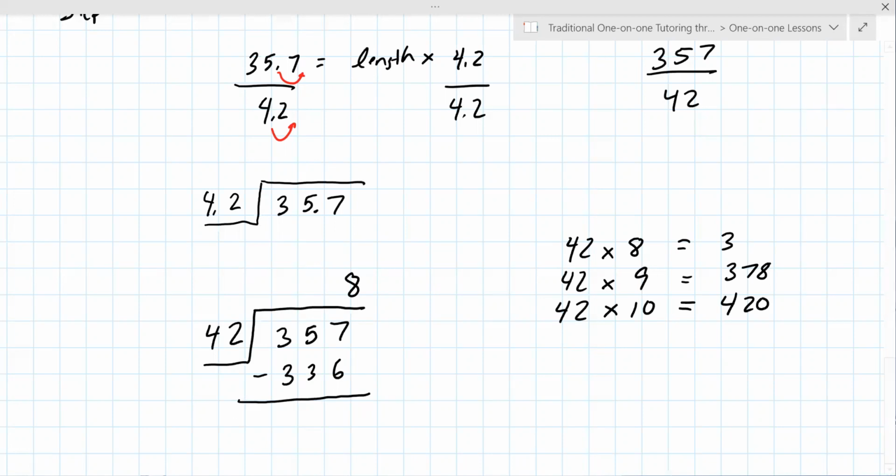Which you then subtract, and that would be 21. Okay, so you have to bring a 0 down. There's a 0, it's 357.0, so bring that down. So this actually does work. 42 times 5 gets you to 210.